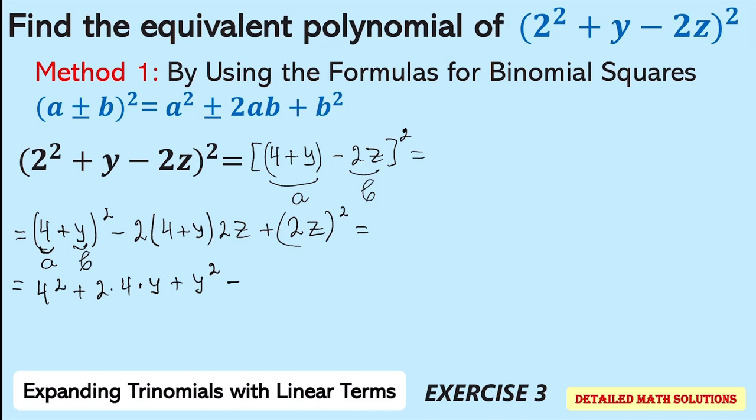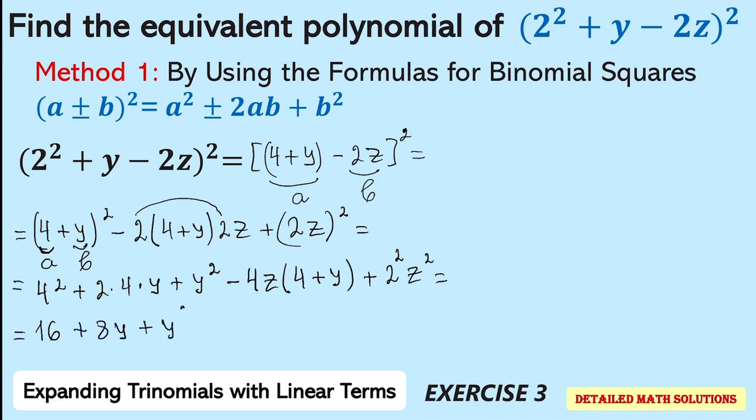Minus, next I have 2 times 2z multiplied by 2z. This way I get negative 4z in front of parentheses, and in the parentheses 4 + y. Plus, then I need to distribute the exponent, or I get 2 squared z squared. 4 squared is 16 plus 8y plus y squared minus, I need to open parentheses.